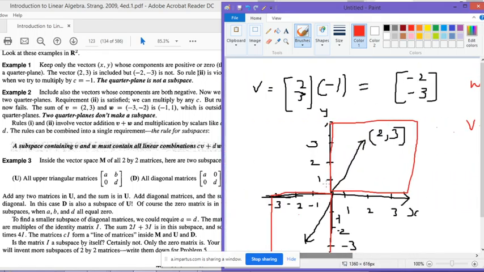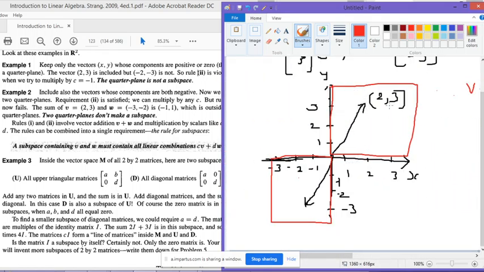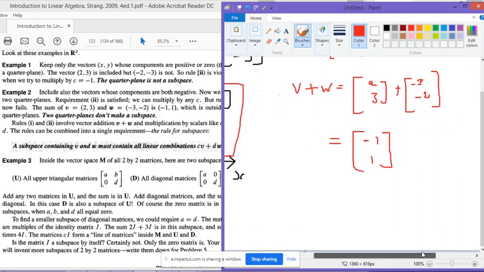Now it doesn't fall in the same planes. We have one plane in the first quadrant and another in the third quadrant, but this resultant again fails. It fails to satisfy the first condition, W plus V. It doesn't fall in the same vector space or quarter plane.